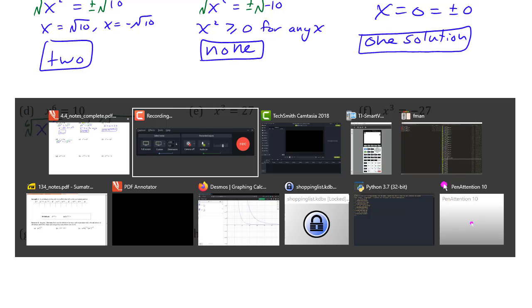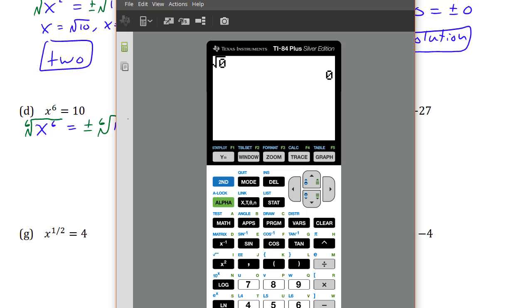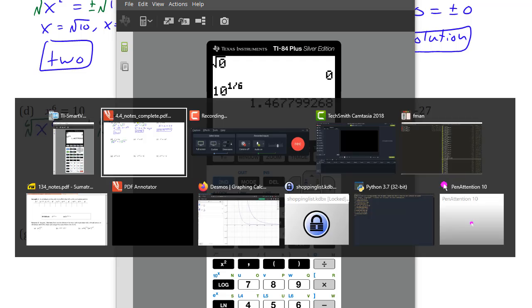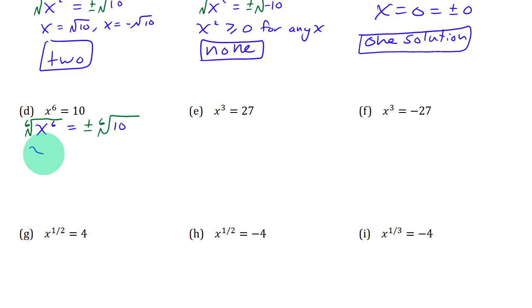And you could get an estimate for what this is with a calculator. If you do 10 to the power 1/6, you'll get 1.468. And that's two solutions, because there's the positive one and the negative one.